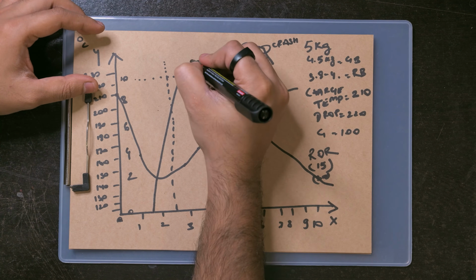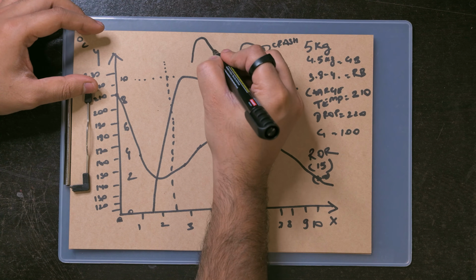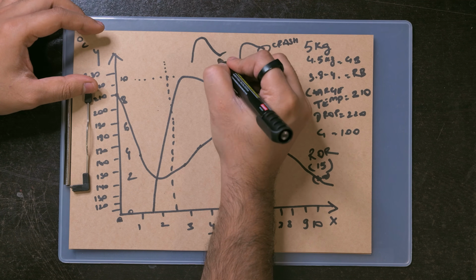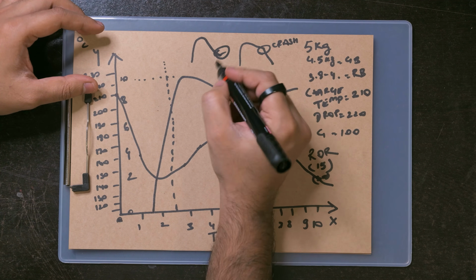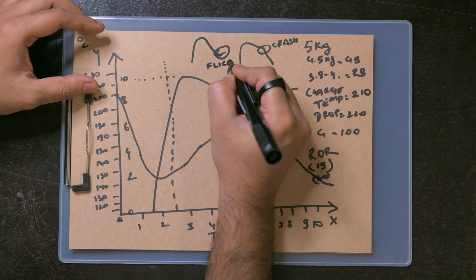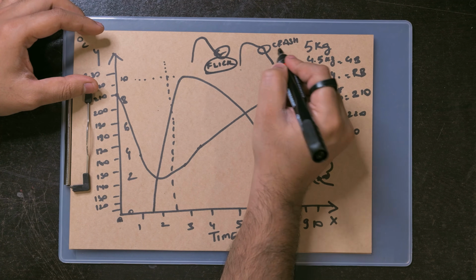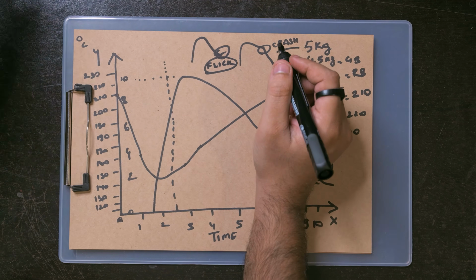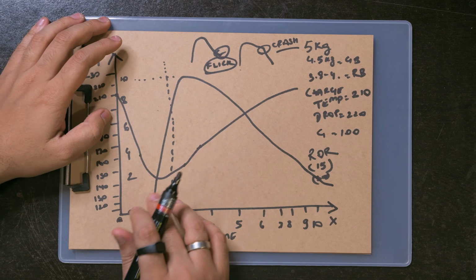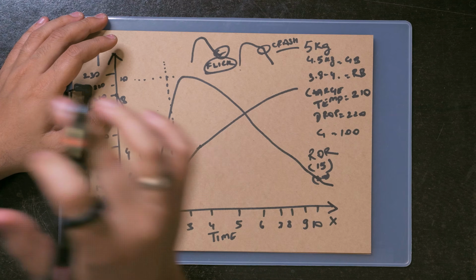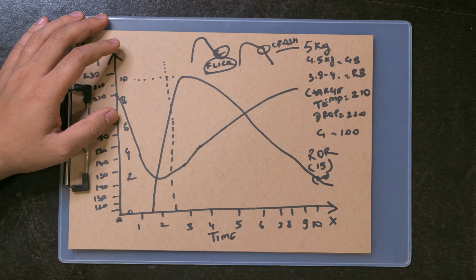If your graph looks like this, it is a flick. We'll go into the depth of crash and flick later on, how it affects the taste and everything. But right now you got to remember that your graph should be nice declining sloping curve.